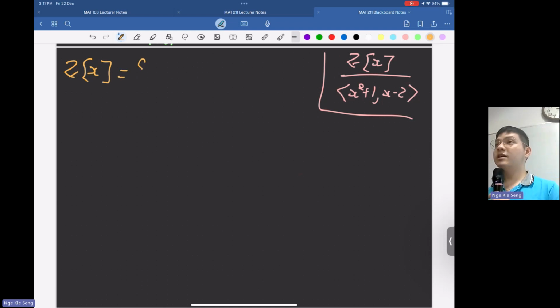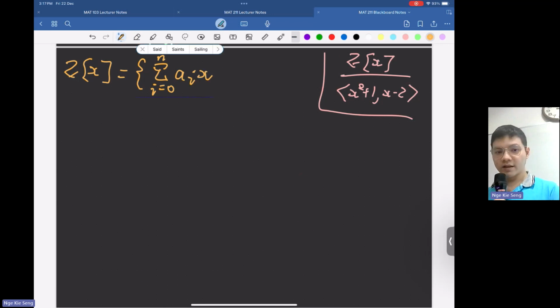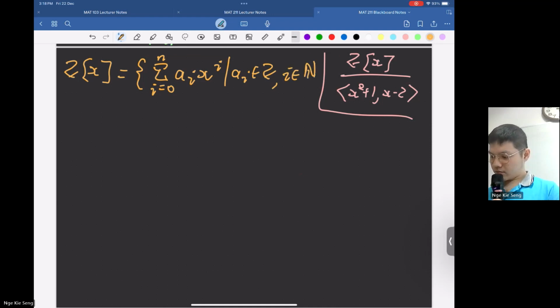What are these elements? These are the finite linear combinations of monomials in terms of powers of x. So we write it in this form here. It should be n here.